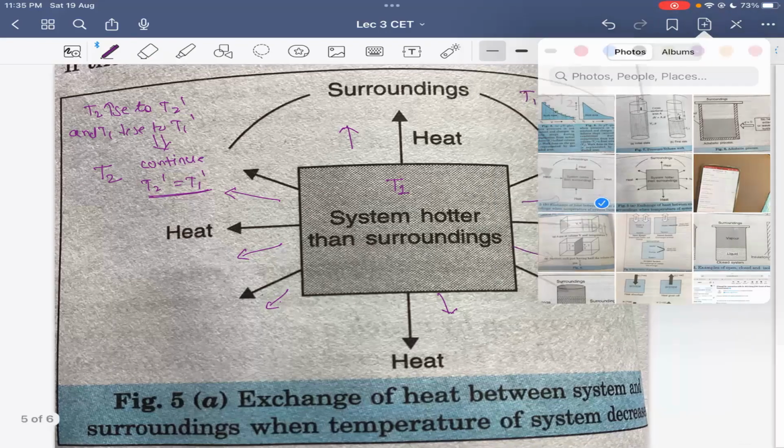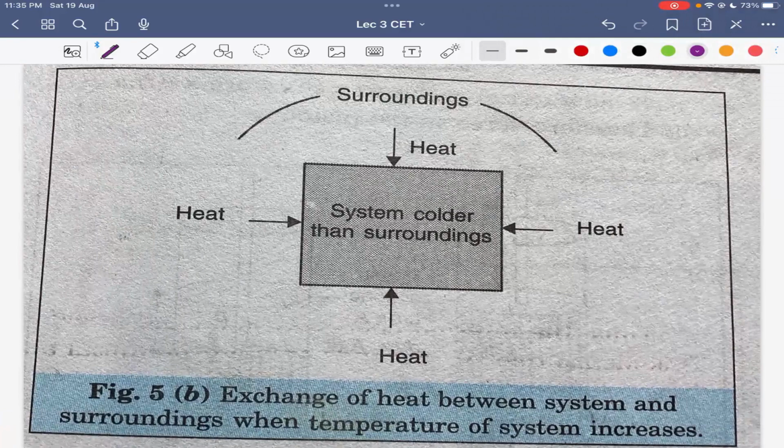The second image is this one, in which we have exchange of heat between system and surrounding where the temperature of the system increases, right? So in this case, the exactly reverse thing is going to happen. Let us consider the system is at temperature T1 and surrounding is at temperature T2, and we have T2 greater than T1. Now as time progresses, T2 is going to change to T2 dash and T1 is going to change to T1 dash.